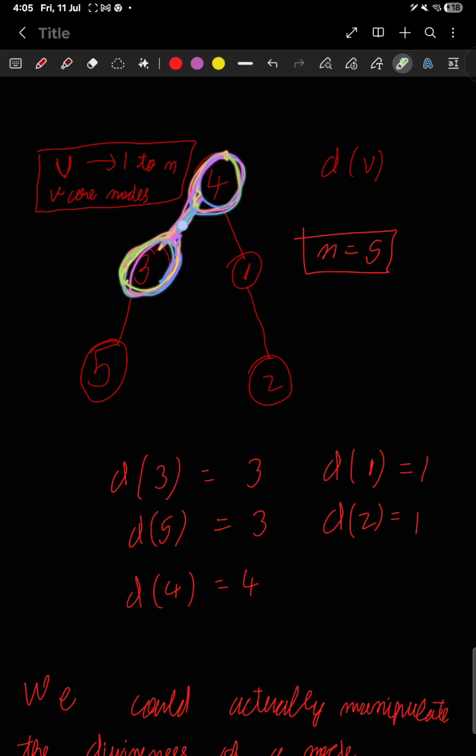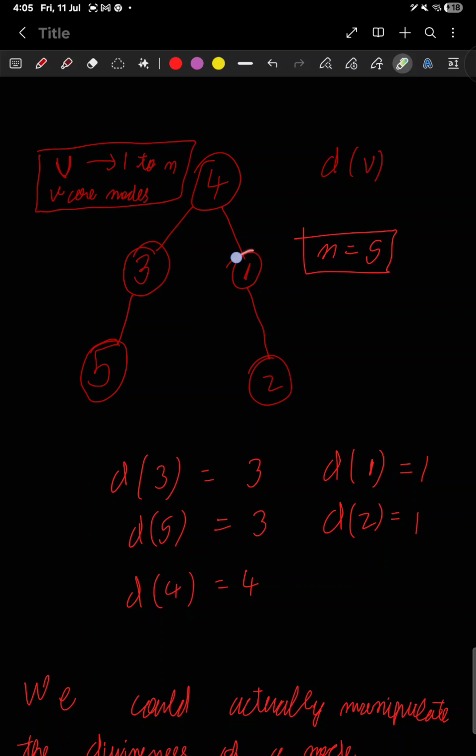For example, the divineness of this node here on this path is d equals 3, because the smallest node on this path is 3.